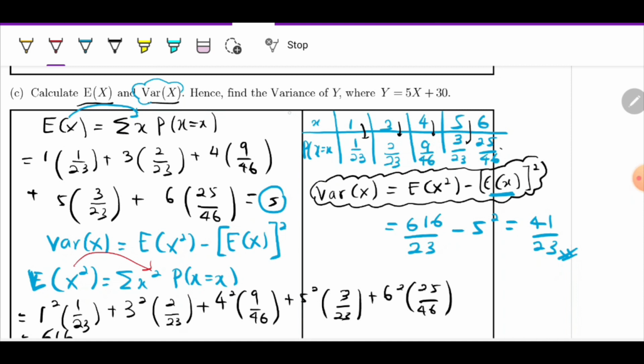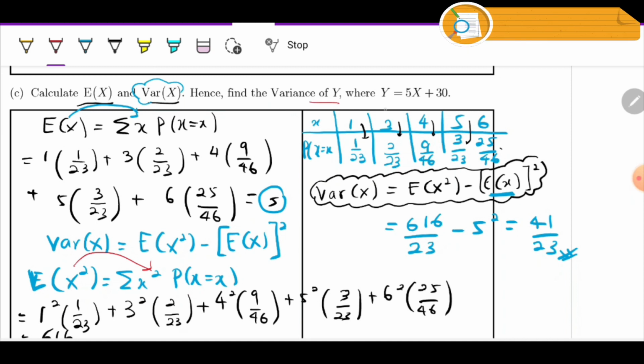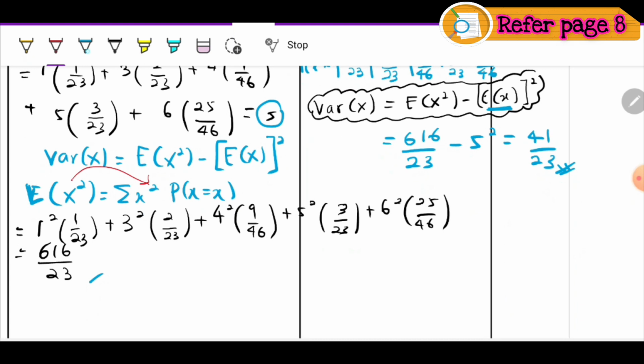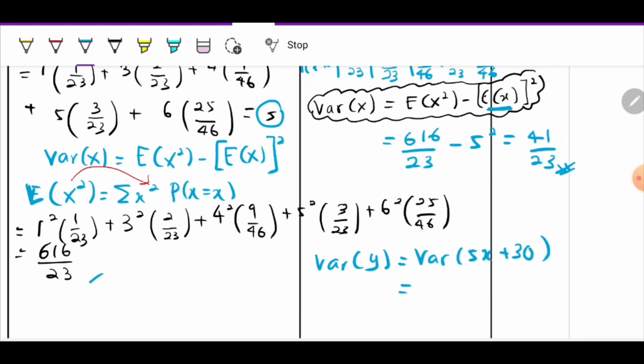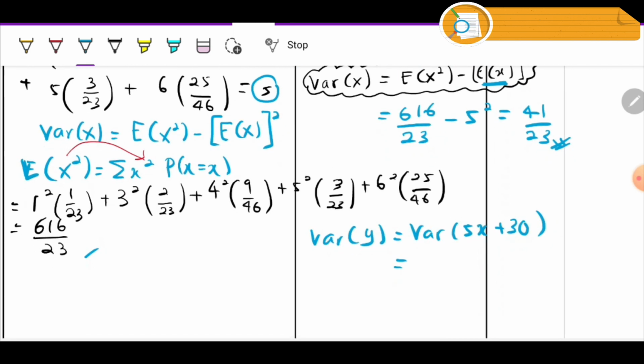Next, the question asks you to find the variance of y, where y is equal to 5x plus 30. Variance of y means variance of 5x plus 30. So remember the properties that we have discussed in the previous video. If you have a constant on x, take out the constant, square it, then multiply with the variance.